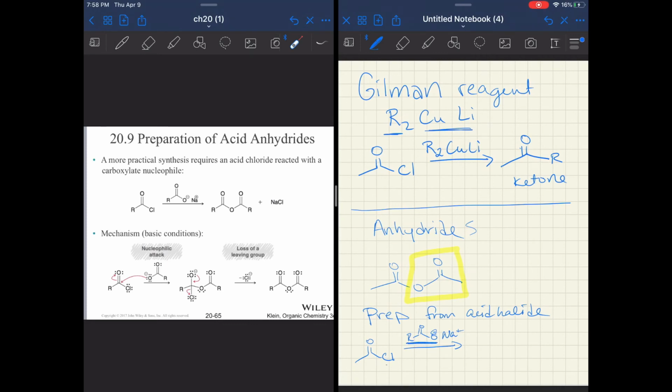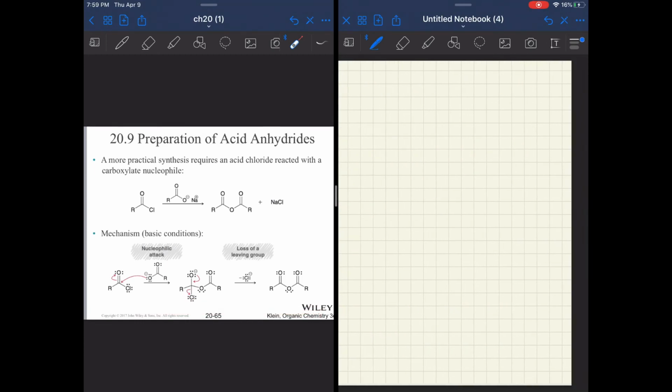Your nucleophile will replace that Z, right? That leaving group. I'm not going to ask you for this mechanism, but it's a very straightforward mechanism, right? Attack, tetrahedral intermediate, loss of leaving group. Very, very straightforward. This is your most practical preparation for an acid halide.